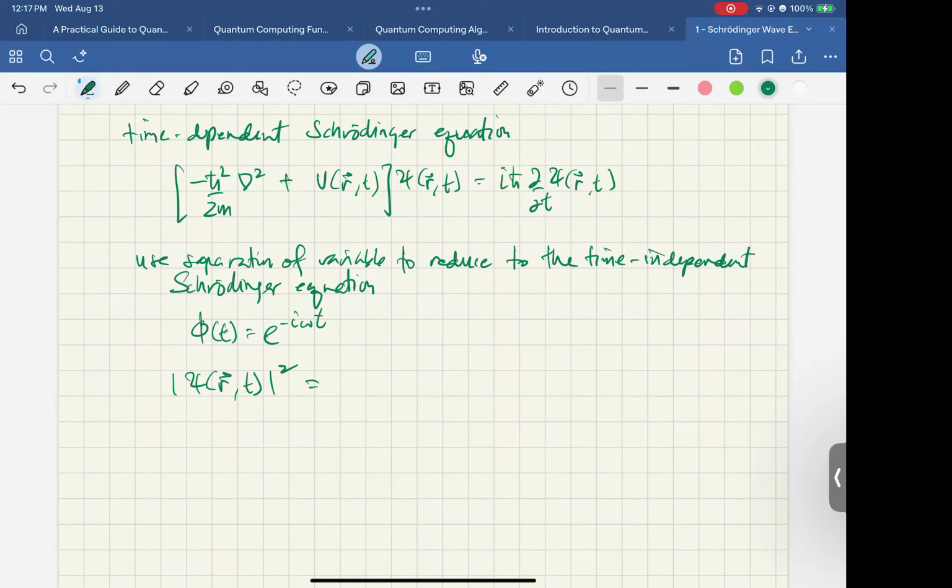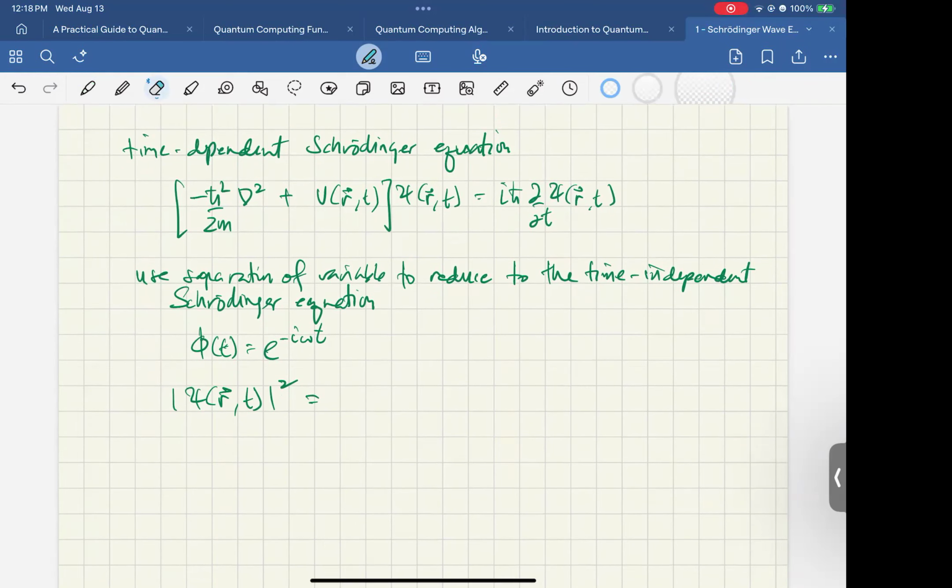Let me write it like this so the solution is clear: psi of r, exponential negative i omega t, and then this is the star, right?